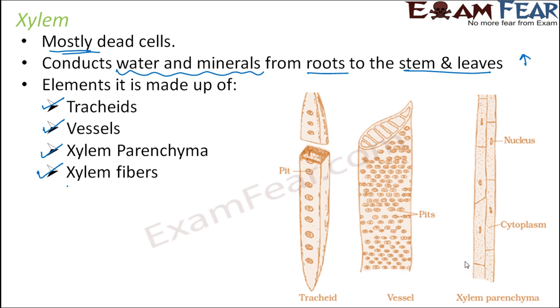Xylem parenchyma looks almost like a parenchyma cell with cytoplasm and nucleus. So the appearance itself tells us that the structure of each of these elements is quite different. They are not similar. So we are convinced that xylem cannot be a simple permanent tissue because it is made up of different types of cells. Now let us talk about each of these elements.